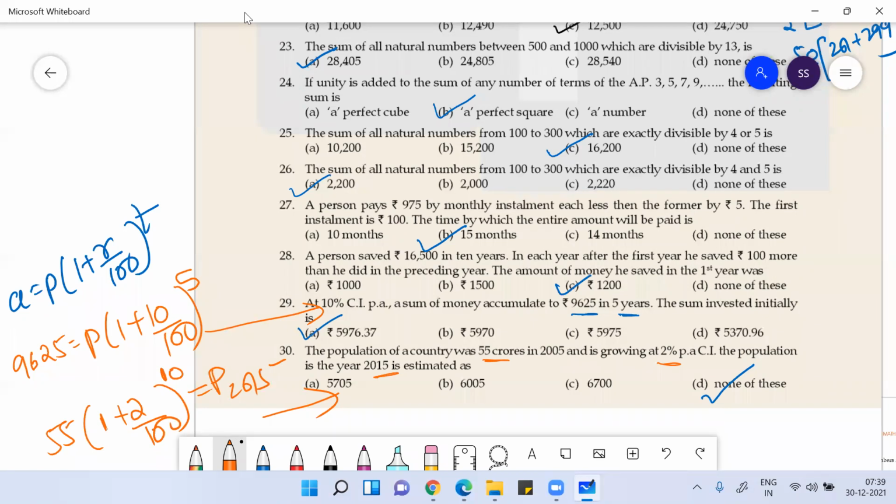Done, everyone. Anyone doubt? Done, everyone. Anyone have a doubt?